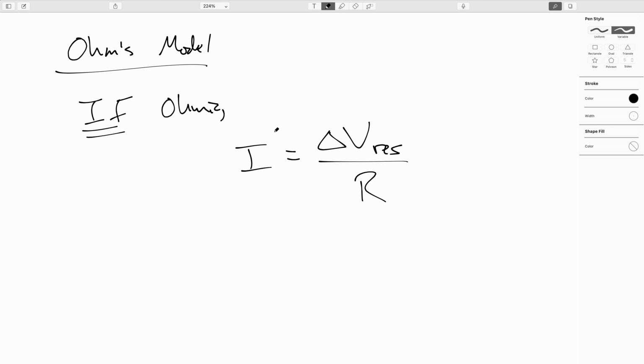Because physicists like to write equations as effect equals cause, here the current being driven is the effect, and the cause is the applied voltage and the resistance of the device.